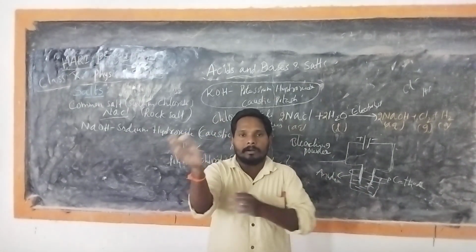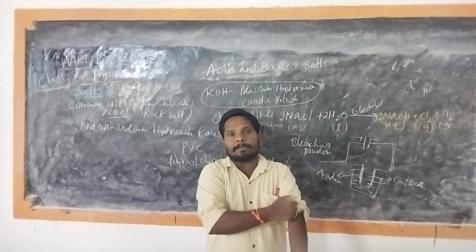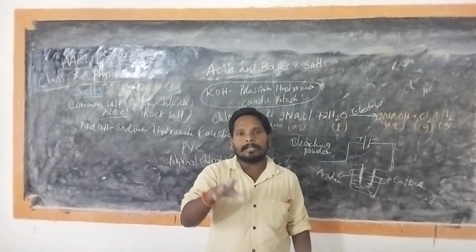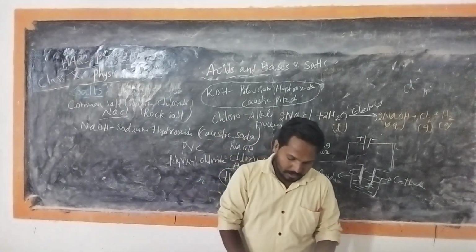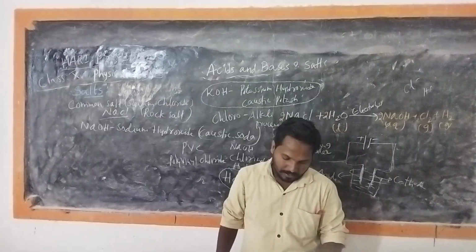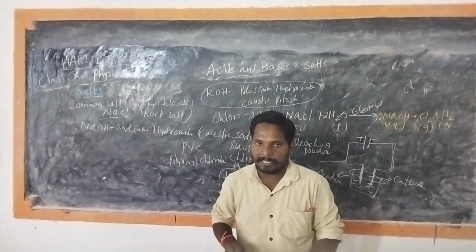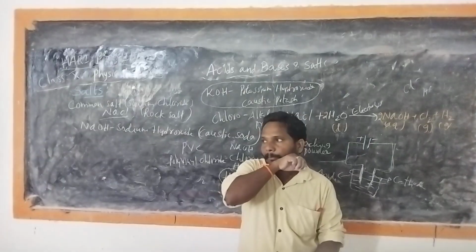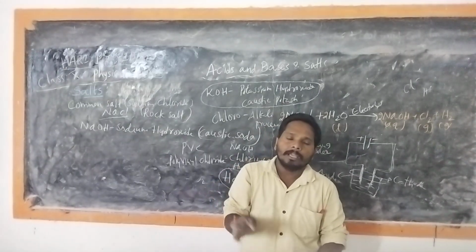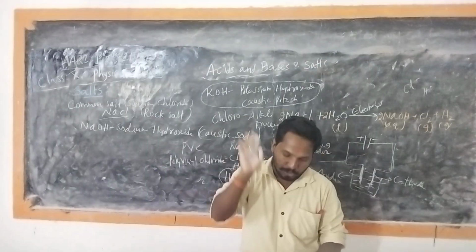So vegetable oil is converted into vanaspati, and in this process hydrogen gas is used. Hydrogen is used in the manufacture of hydrochloric acid. Hydrogen is also used in the manufacture of ammonia, which is a fertilizer.